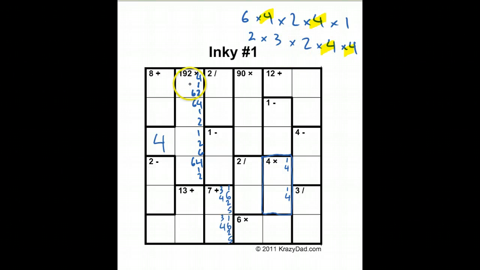And a 3 can work everywhere as well. So 3, 3, 3, and a 3. Not much help over here, but at least I for sure have one number.